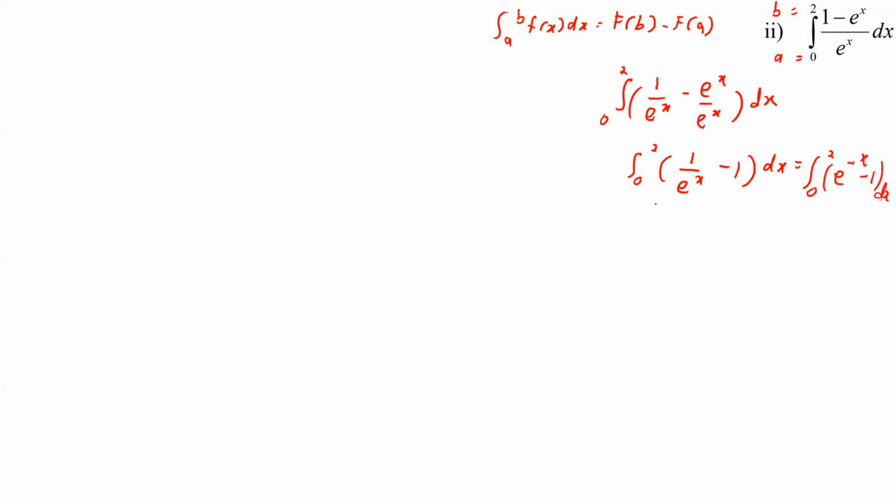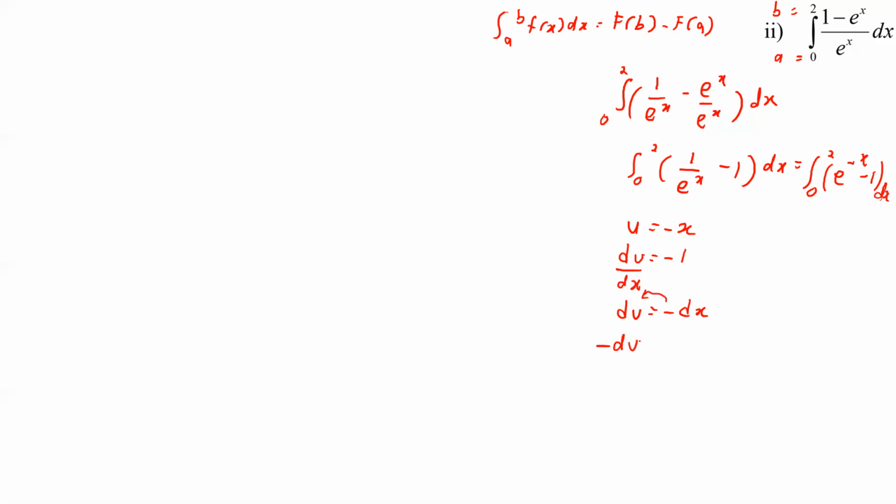Okay. So you have to integrate e^(negative x). But how? Let u be equal to negative x. So du/dx is equal to negative 1. So du is equal to negative dx. Since this one is only dx, you have to move the negative to the left hand side.